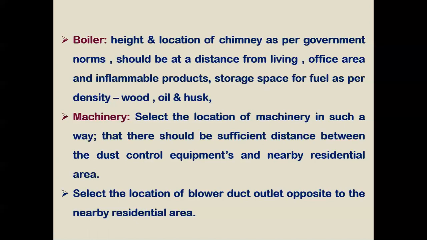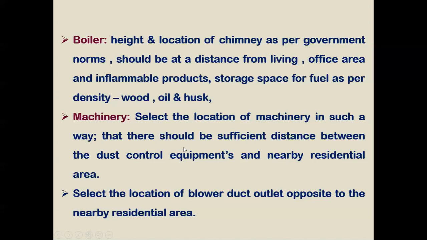Inflammable products kept in the feed mill should be away from the boiler unit, and storage space for fuel like wood, oil, and husk should not be close to the boiler unit.